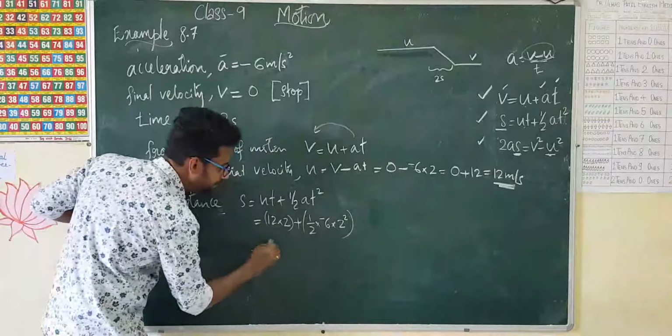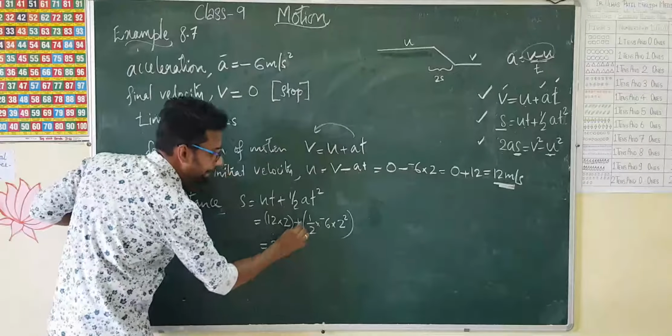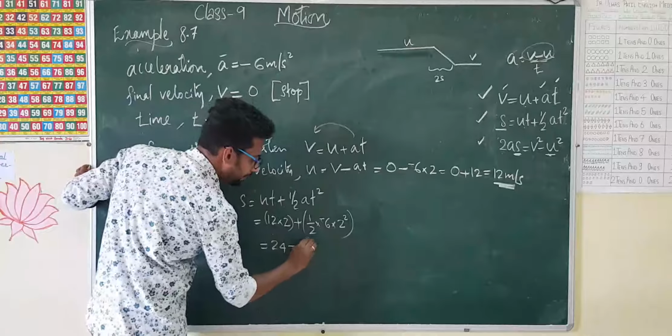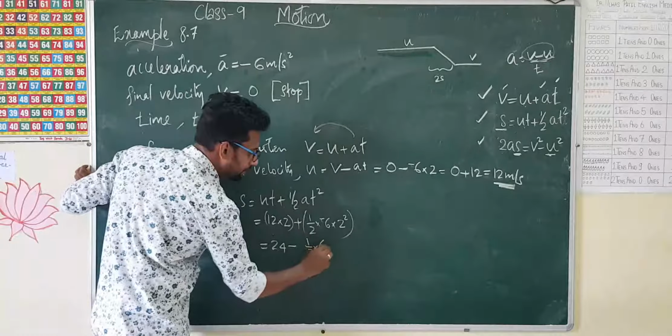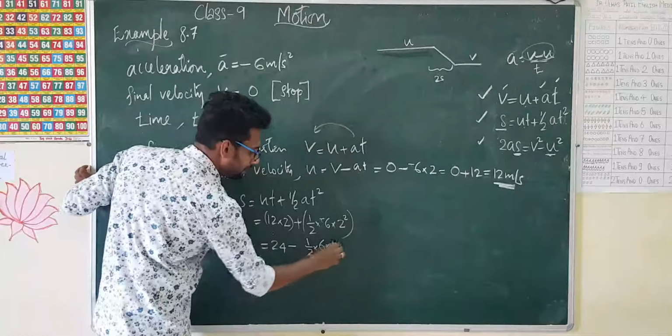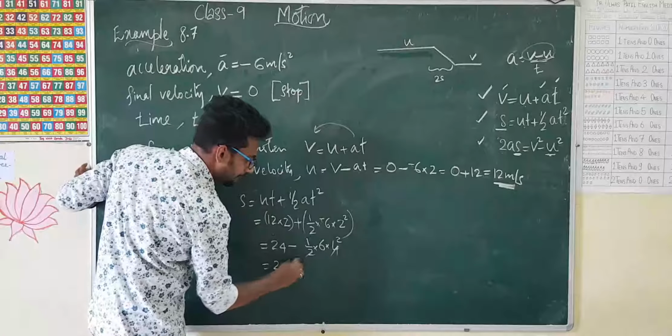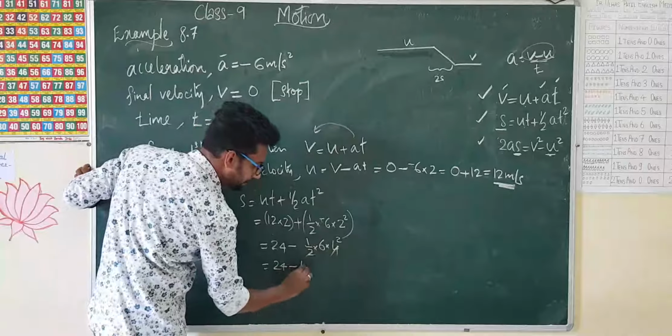Then 12 into 2 is 24. Here one minus sign, minus into plus, this is minus. Then 1 by 2 into 6 into 4, we can cut the 2, so 24 minus 6 into 2, that is 12.